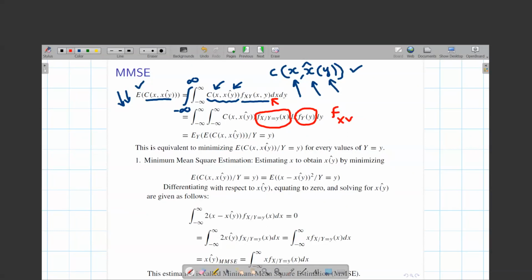So that is written like f of x given y equal to y, of x, into f of y, of y. This is just like what we normally do for probability: the probability of AB is the probability of A given B times the probability of B.